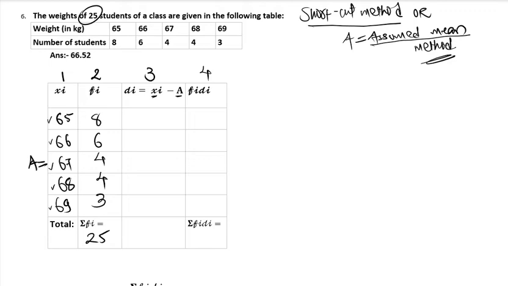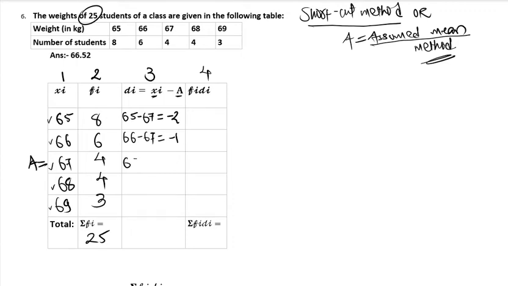So what you have to do is subtract the assumed mean from the observation. In the first row, I'm going to subtract 67 from 65. What is 65 minus 67? Minus 2. Again, 66 minus 67 is minus 1.